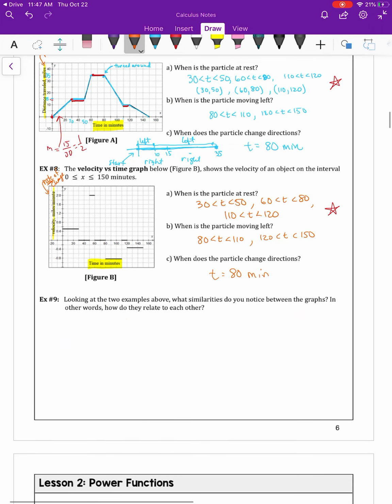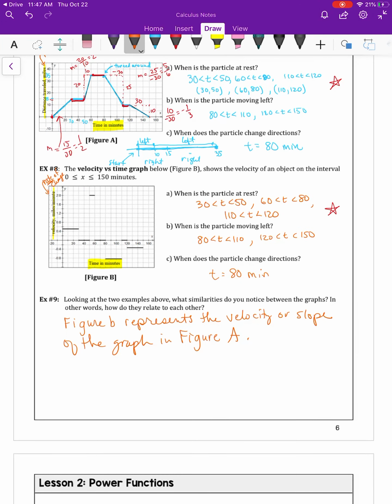So that makes me think that if I took the distance and I found the slope, I would get velocity. Okay, if I took the slope of distance, I'm going to get velocity. That's kind of what that tells me in my mind.